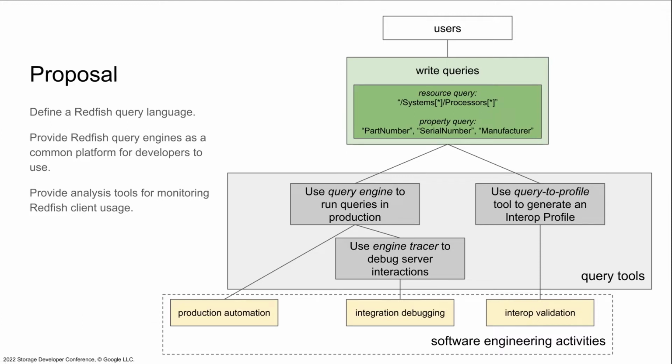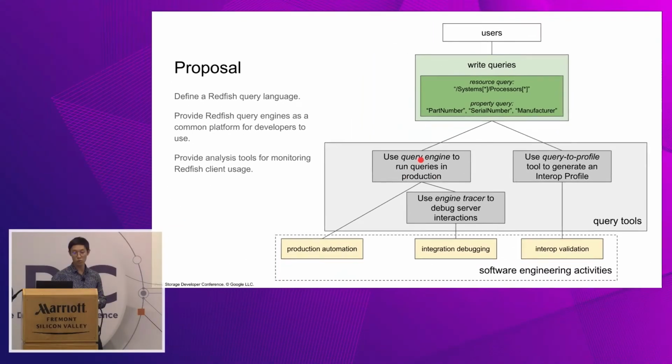And instead of the clients themselves having to write exactly how to query the Redfish service, we would have a common query engine implementation that all the different clients can use, and that would be responsible for sending and executing the Redfish queries to the Redfish services. And as a byproduct of folks writing queries, they will use the common query engine. So in production, all the high throughput automation requirements can be satisfied by the common query engine.